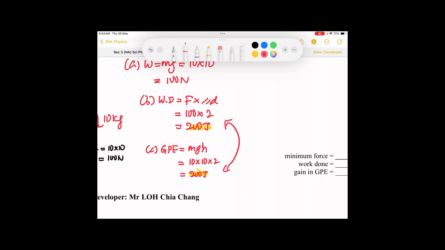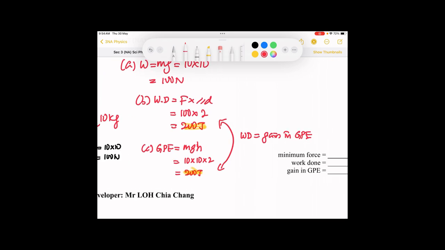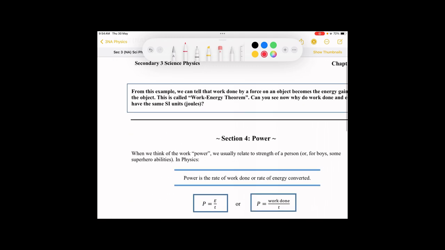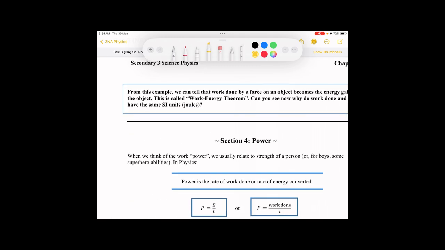So work done equals gain in GPE in this case, assuming no energy is lost to the surroundings by friction or air resistance. The work done must be equal to the gain in energy in whatever store, in this case GPE. So this is what we call the work-energy theorem.